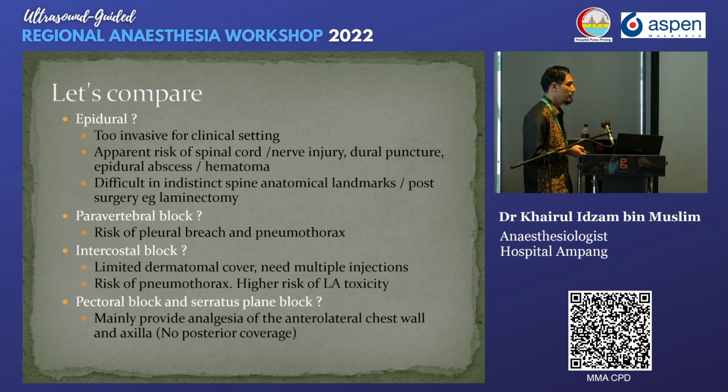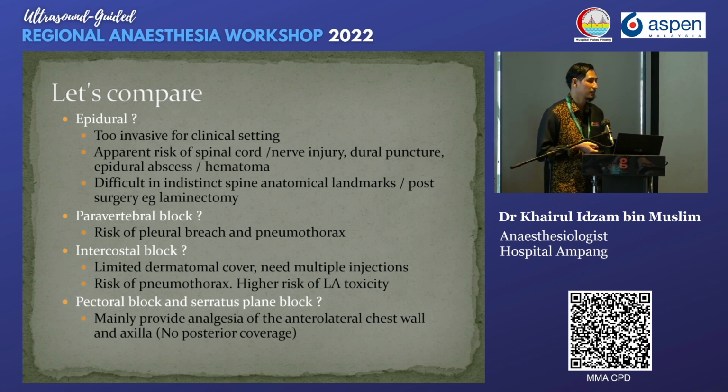What about intercostal block? Limited dermatomal cover, need multiple injections, risk of pneumothorax, and higher risk of LAST. What about pectoral block and serratus plane block? They mainly provide analgesia to the anterolateral chest wall and axilla, with no posterior coverage.